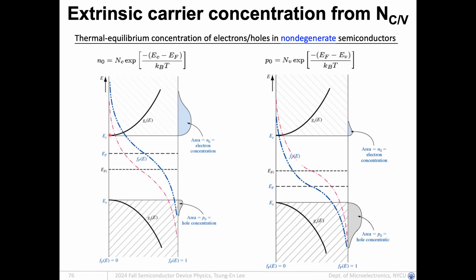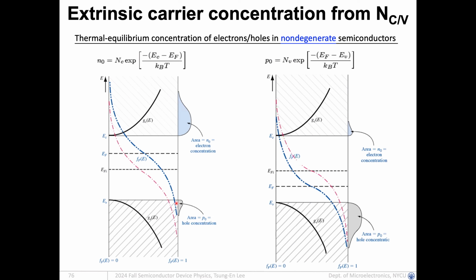So if we look at the edge of the conduction band, when the Fermi level moves closer to the conduction band, the probability for an electron to fill the lowest minimum point of the conduction band increases, and that's why the total carrier concentration from EC upward in the conduction band increases.